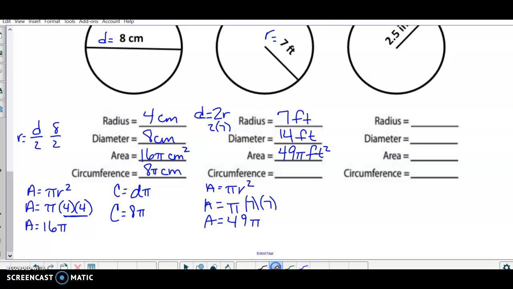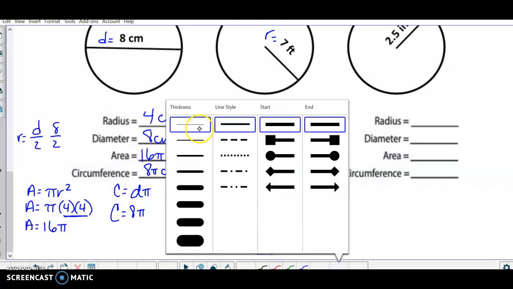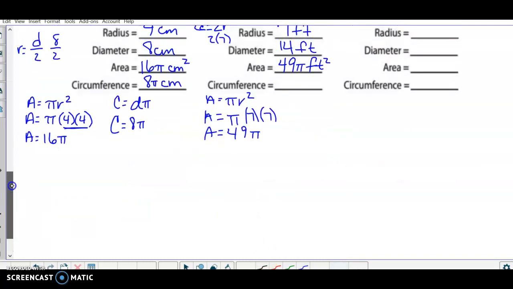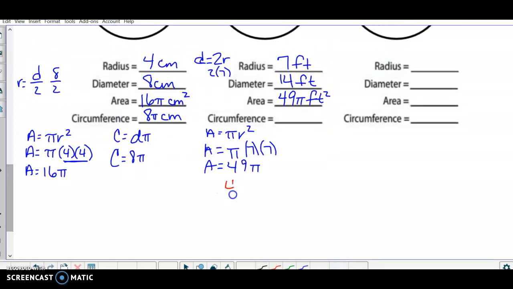Now, 49 is a multiple of 7. So if it asked you, and I know it doesn't, but I just want to refresh your memory on what we talked about in class today. This is an example where we would use 22 over 7. We would not use the 3.14. So if you swapped 49 over 7 times 22 over 1.